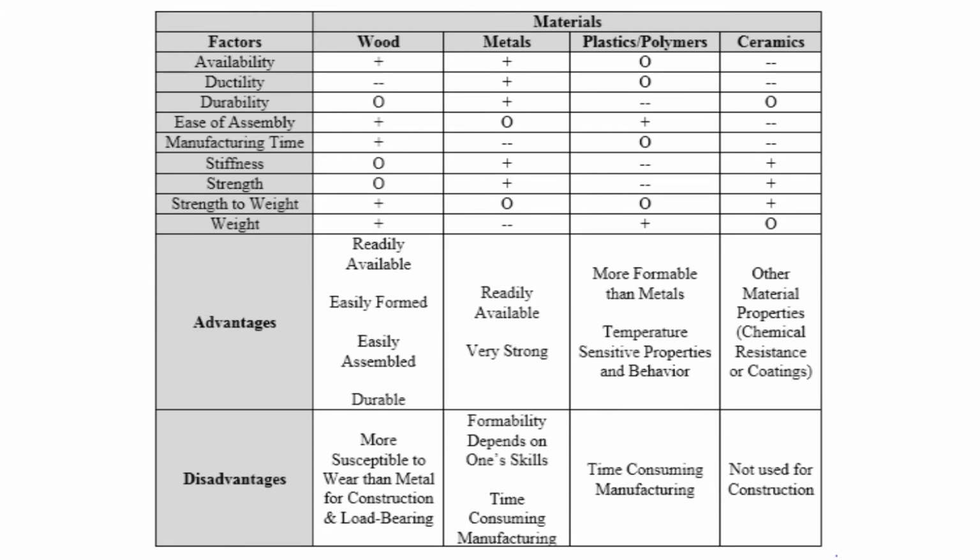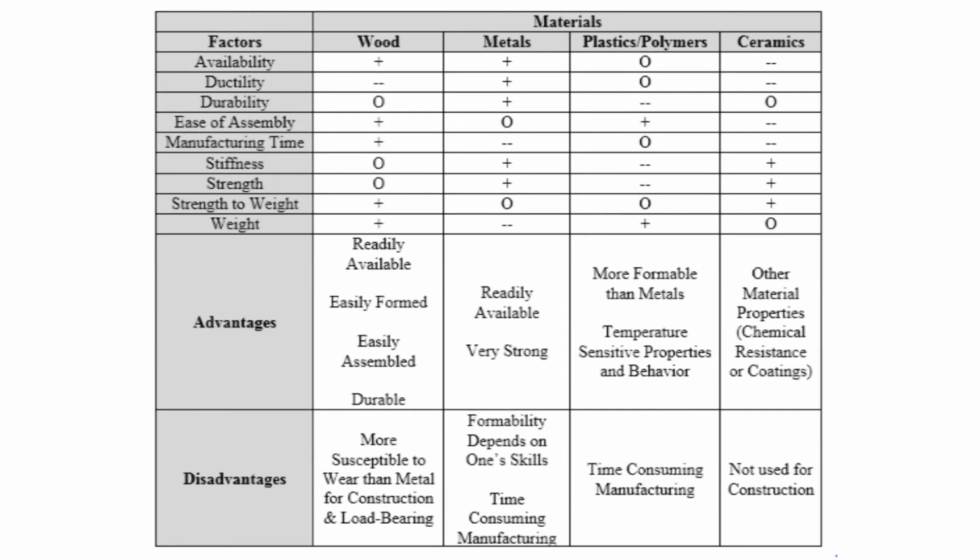Now wood, its advantages are it's readily available, it generally is easy to work with, oftentimes you yourself can control the manufacturing time. It has adequate durability, stiffness, strength. The strength to weight ratio is good, its weight may be a little bit on the high side. So readily available, easily formed, easily assembled, durable, certainly at the prototype level.